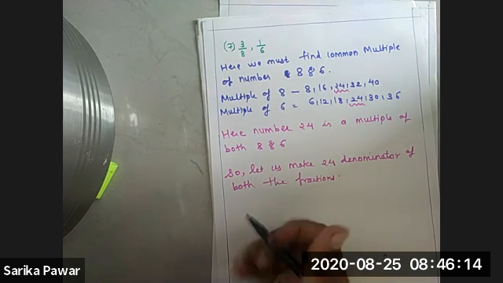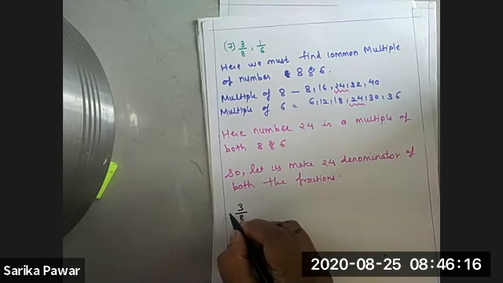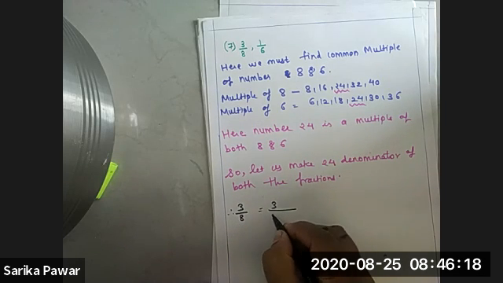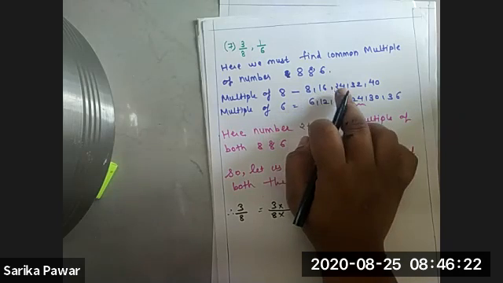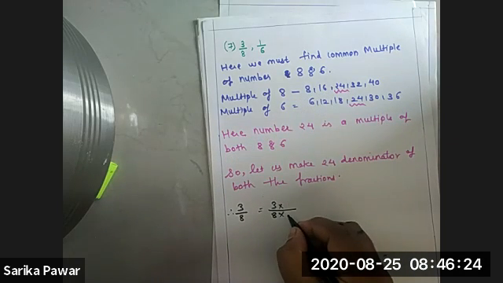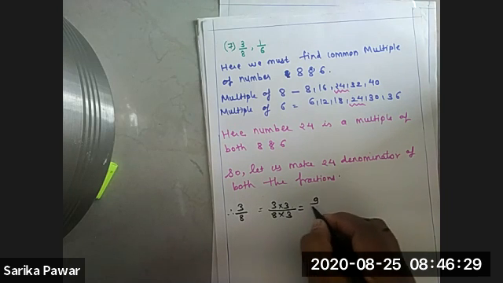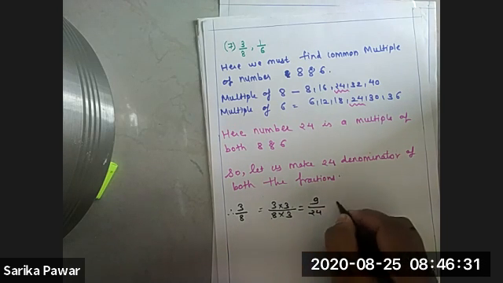So write here 3 upon 8. Multiply here. 8 1s are 8, 8 2s are 16, 8 3s are 24. So I am multiplying here by 3. 3 3s are 9, 8 3s are 24.